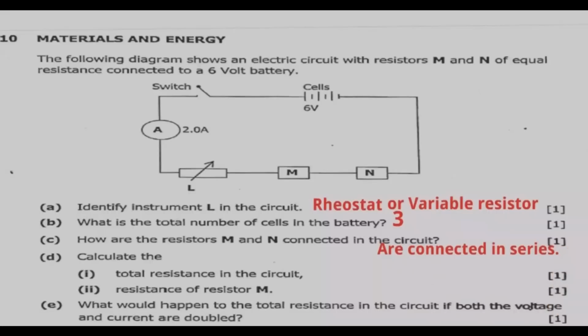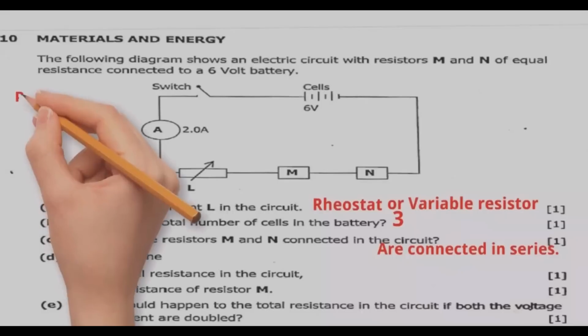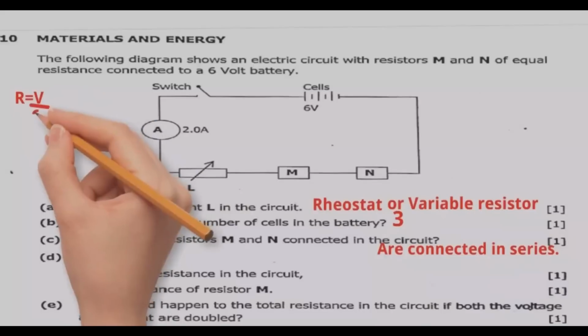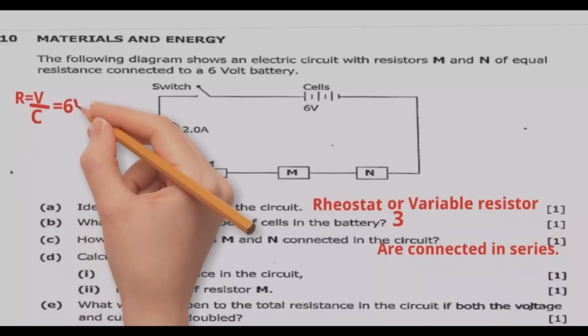Question number D: calculate the total resistance in the circuit. We are going to say resistance is equal to voltage over current. The voltage is 6 volts, the entire circuit.